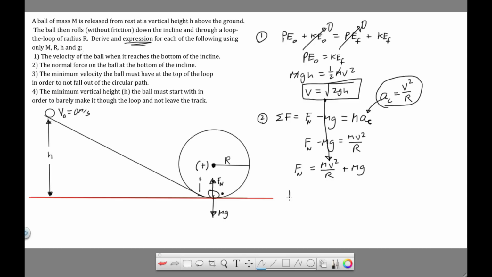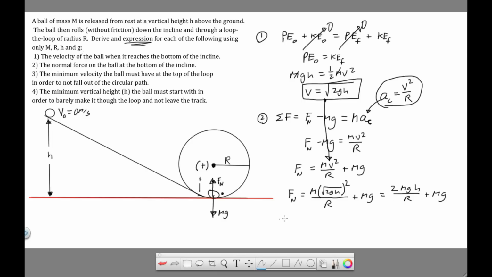So writing the whole thing out again, this will be normal force equals m times the square root of 2gh, squared, so that square root is going to disappear, over r plus mg, which is going to give 2mgh over r plus mg, and that would be an acceptable answer.